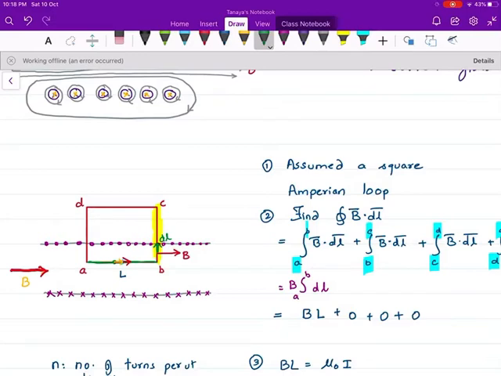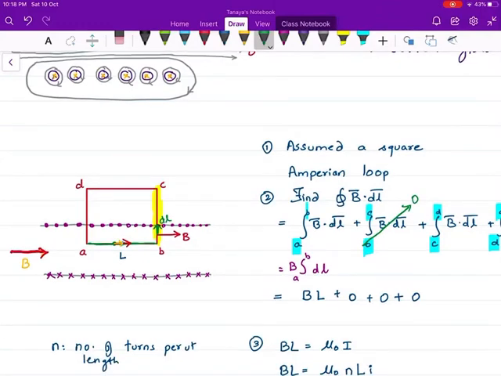So B bar dot dl bar, that is B dl cos theta, is going to be B dl cos 90, and cos 90 is 0. So this term is going to be 0. It is going to be 0 because B bar and dl bar are perpendicular to each other. That is, the angle between them is 90 degrees. And if the angle is 90 degrees, cos 90 is 0. So the dot product is going to be 0.